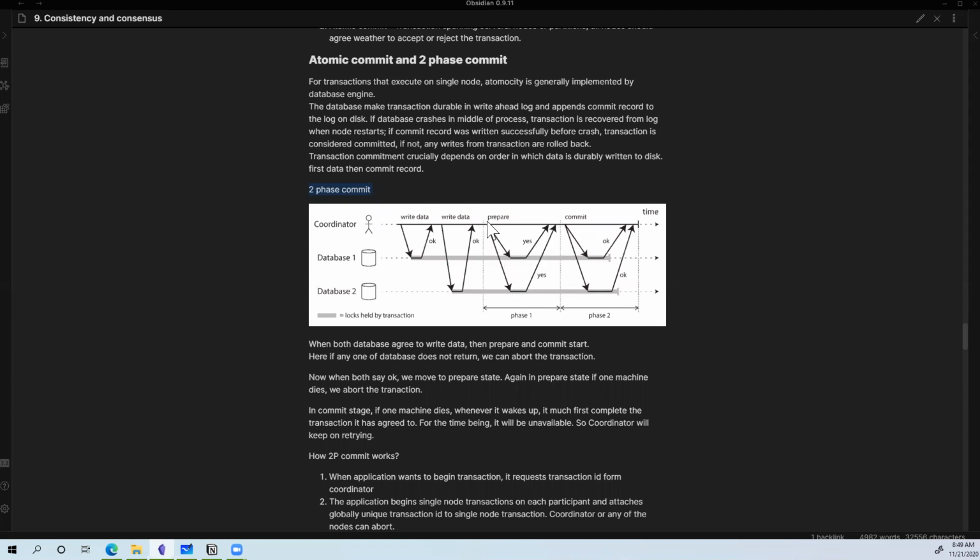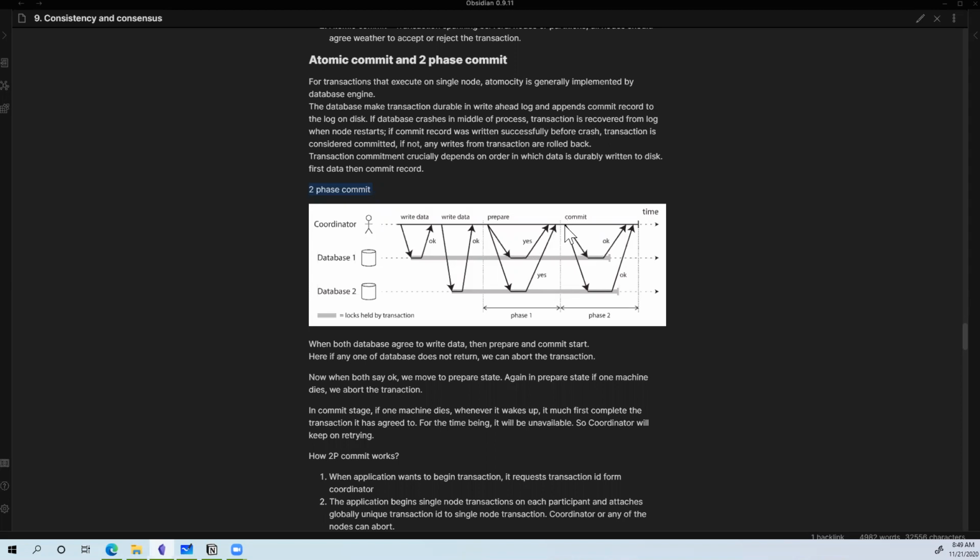But once they both have responded yes, the coordinator will store with itself that these two databases have agreed to commit the value. So now these two databases should actually commit the value. After this phase one, there is no option to go back, because it has been agreed upon.